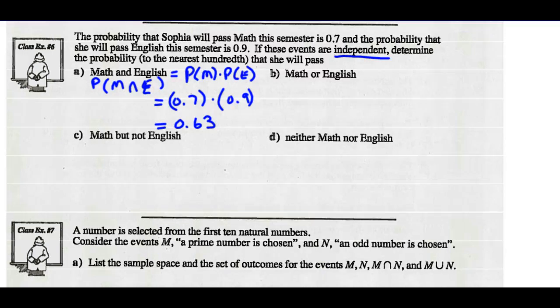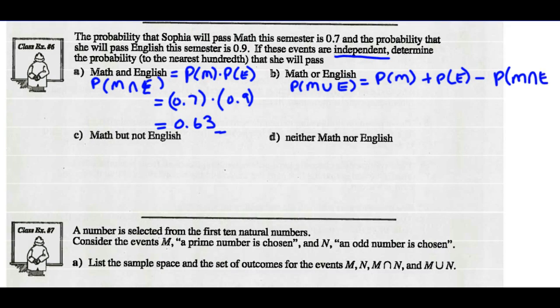Probability of math or English. Well, that's the probability of math plus the probability of English. But could you pass them both? Math and English? Sure, we just said that's possible. So they're not mutually exclusive, so you have to minus the probability of math and English.